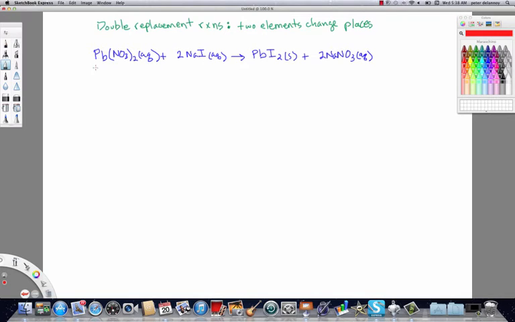All right, so really quickly, let's just review the basic definition of a precipitation reaction. It involves the combination of two ionic solutions. We know these are solutions because of the aqueous designation, which means dissolved in water.